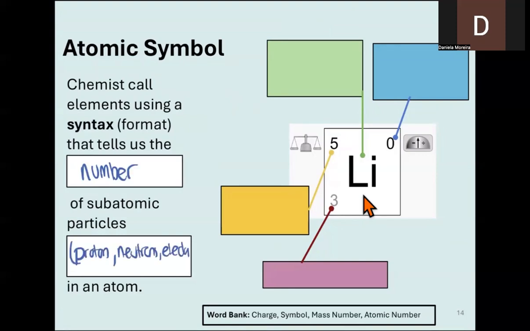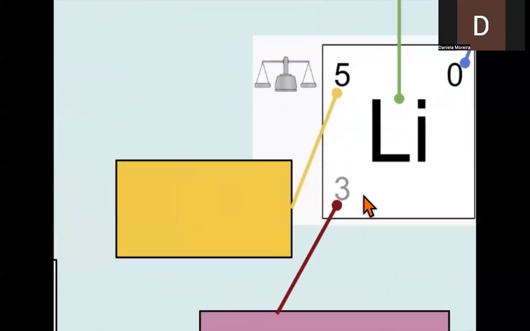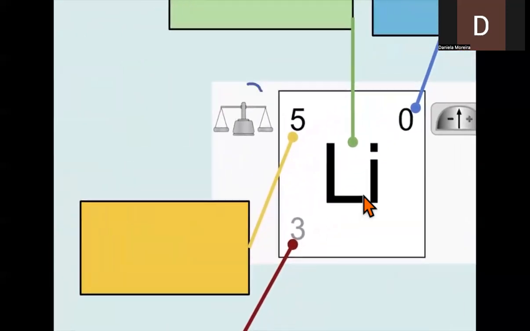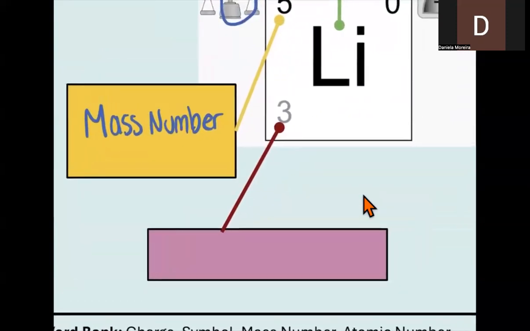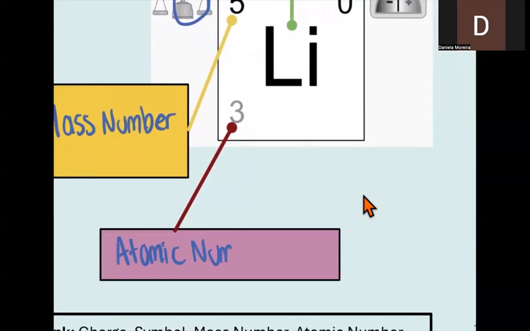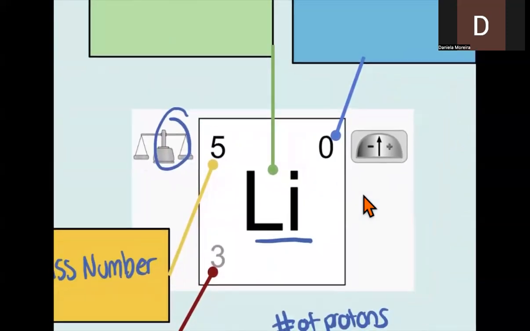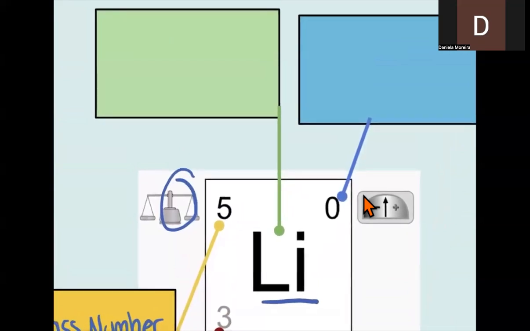You can notice that there's a scale, so the mass number. Down here, we have the atomic number, or otherwise known as the number of protons. Lithium is shortened to Li, and this is the element symbol.